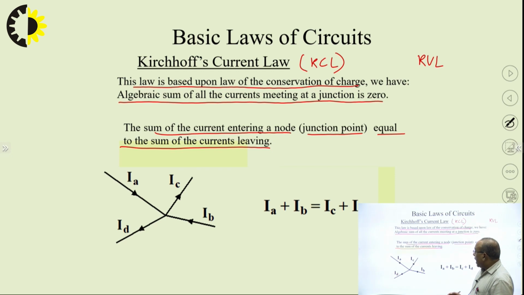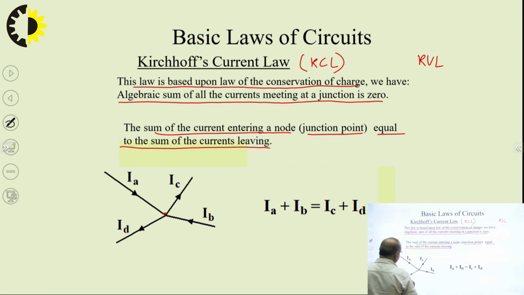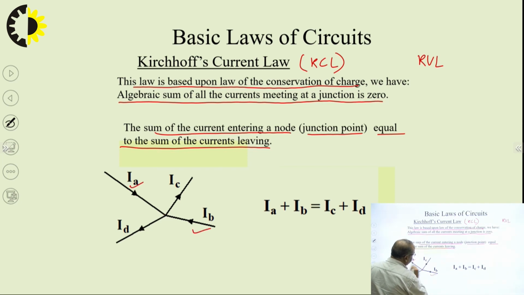This is a junction point or node in this circuit. Here 4 branches are meeting at this junction point. In one branch, current IA is entering, in another branch IB is entering, in the third branch IC is leaving, going away from the node, and in the fourth branch ID is going away from the node.